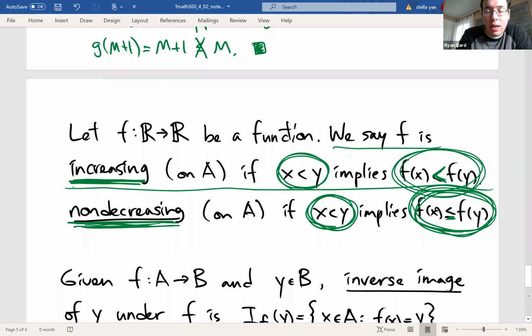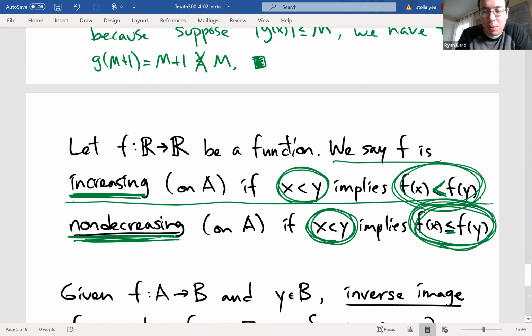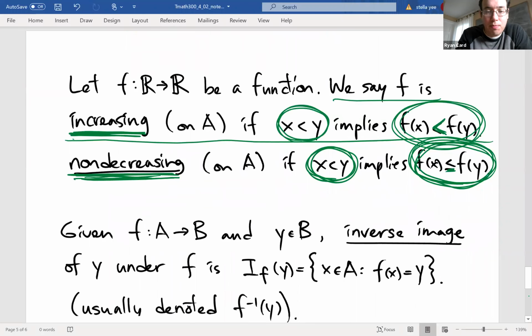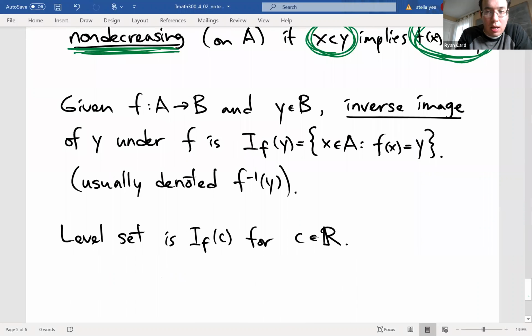Okay, and if you want more practice with proofs, maybe you could try to prove that if you have two increasing functions, then the sum of those two functions will also be increasing. So try to see if you can prove that.